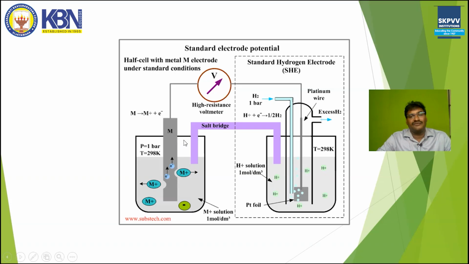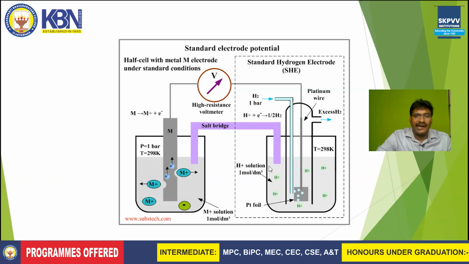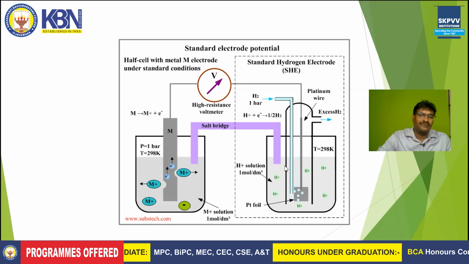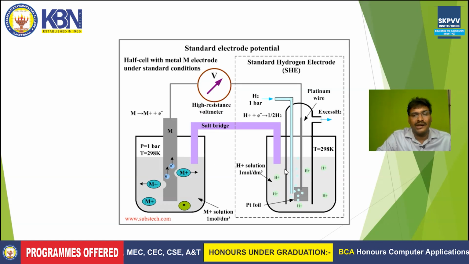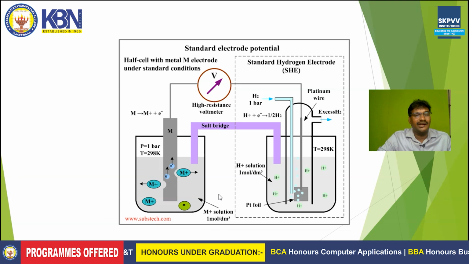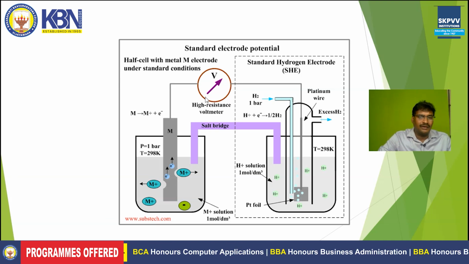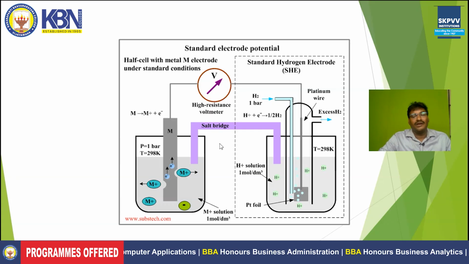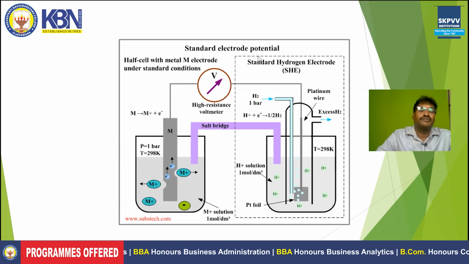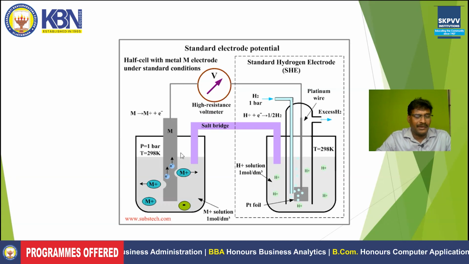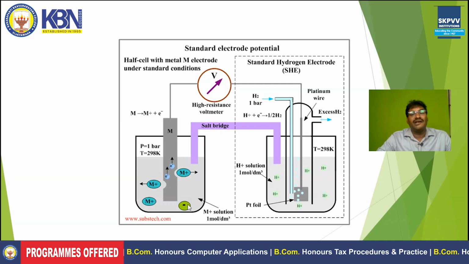Using the formula E cell equals E cathode minus E anode, in one case it acts as cathode, in another it acts as anode. Both are connected, and the potential of the single electrode can be measured directly from the voltmeter value. That is the standard electrode potential: if you measure copper, connect it with hydrogen; measure zinc, connect it with hydrogen; to measure magnesium, connect it with hydrogen.